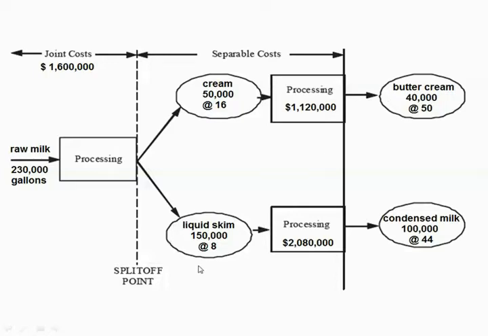Liquid skim, we also make further processing to transform it to condensed milk with the quantity of 100,000 gallons of condensed milk to be sold at $44 per gallon, and we have separable costs with amount of 2,080,000.